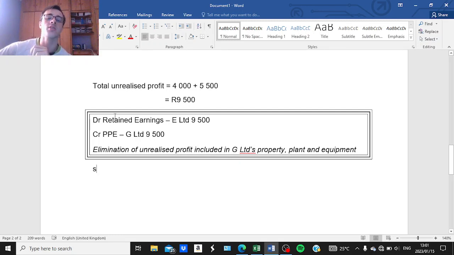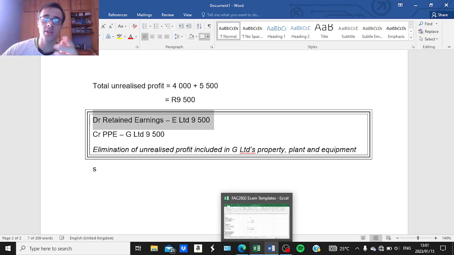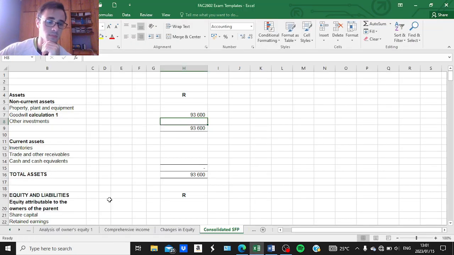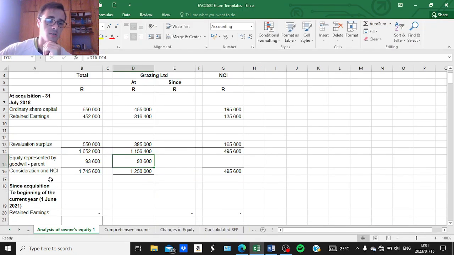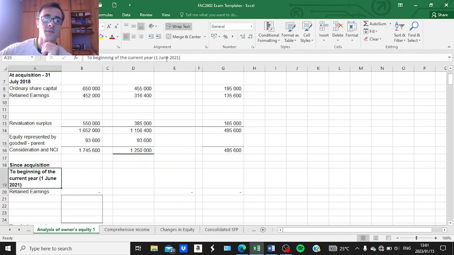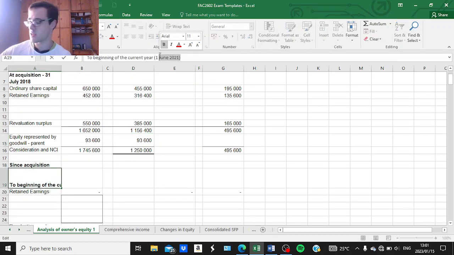So in terms of this pro forma consolidation journal entry, we need to debit retained earnings for the subsidiary. And because we are concerned with the subsidiary's retained earnings, we will show this adjustment in the analysis of owner's equity in the since acquisition to the beginning of the current year section. So to the beginning of the current year, 1st of April 2019.